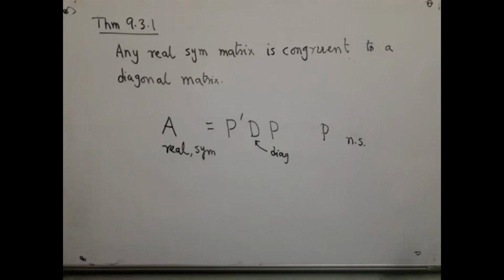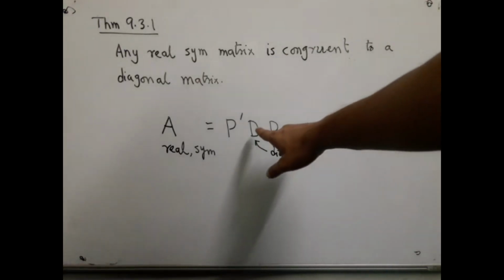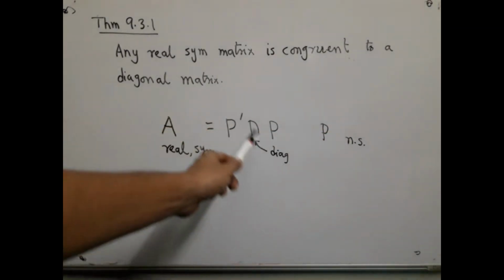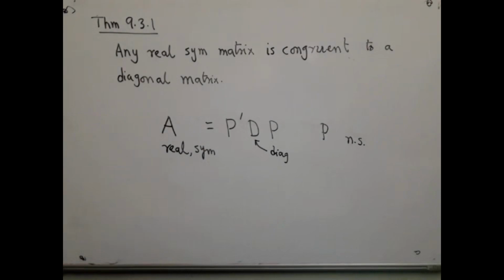Now, since we are a lot less ambitious, we can expect that we can work out some other way of obtaining such a diagonal matrix D and a non-singular matrix P. Of course, then the diagonal entries of D need not be the eigenvalues of A anymore.